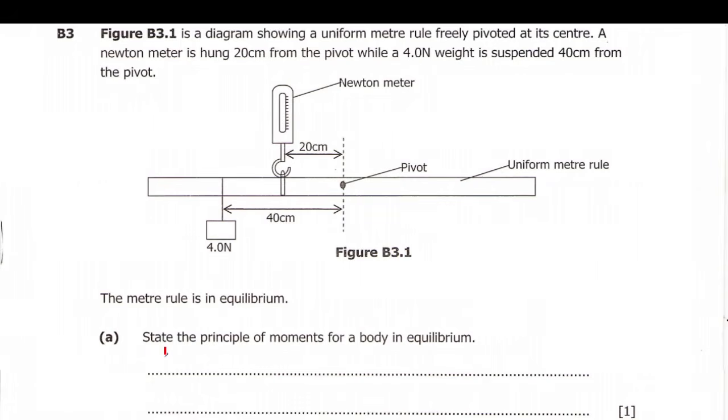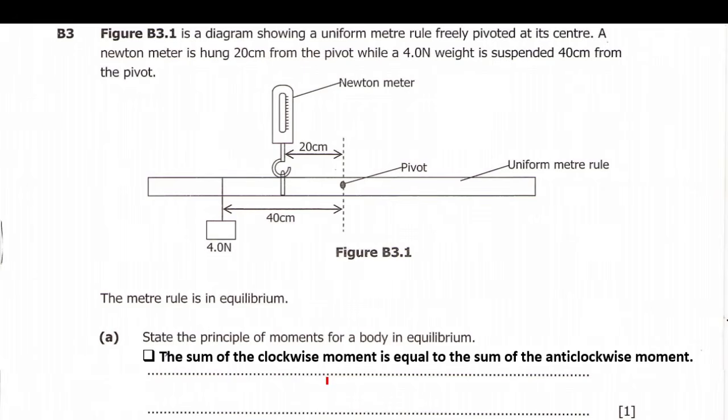So they want us to state the principle of moments for a body in equilibrium. The principle of moments states that the sum of the clockwise moments is equal to the sum of the anti-clockwise moments.